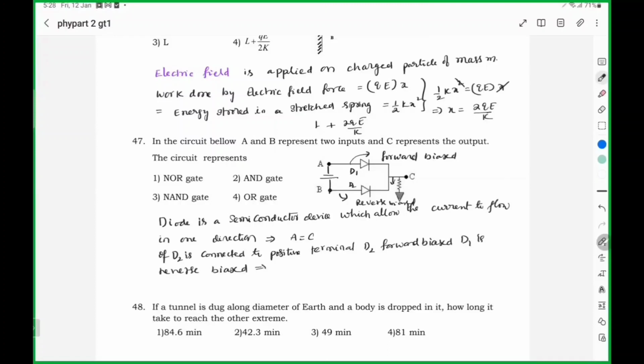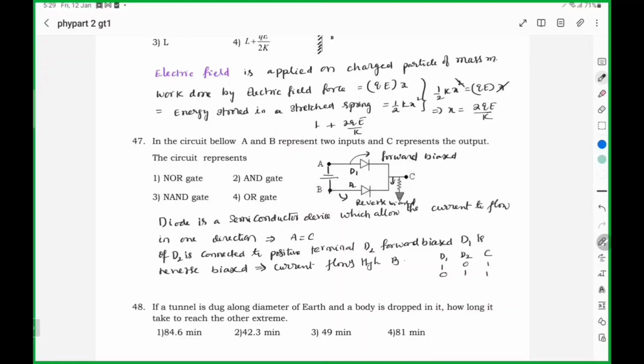So which implies current flows through B. So it's like 1001. So output is here current through C is definitely total current goes through D1.